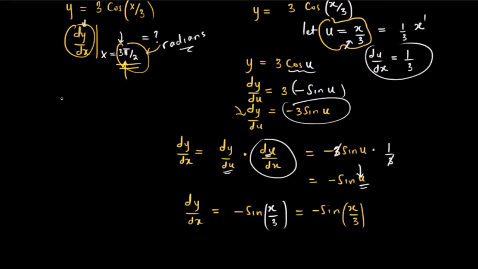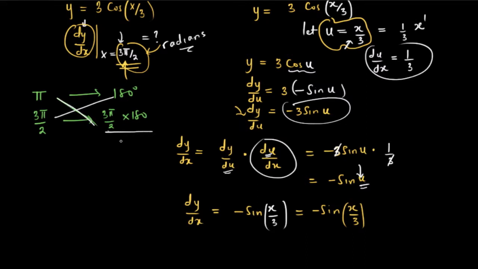To convert this to degrees, you recall that pi radians is equivalent to 180 degrees. So 3 pi all over 2 radians, cross multiplying, is 3 pi all over 2 multiplied by 180 degrees, divided by pi.